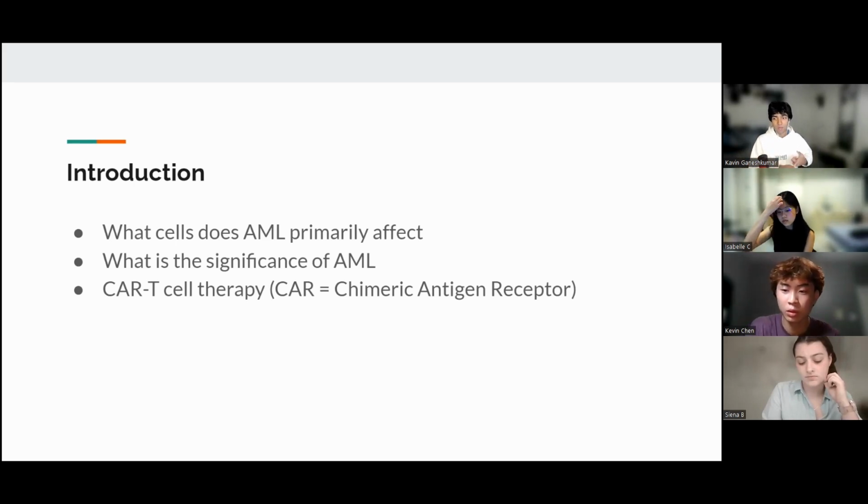So hematopoietic stem cells are where it originates, and they have the potential to turn into all these different types of blood cells. Through genetic and molecular changes, you can have clonal expansion, which is where a mutated cancer cell takes a growth advantage over the other cells and starts multiplying.